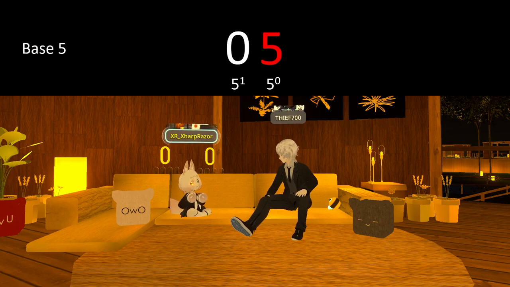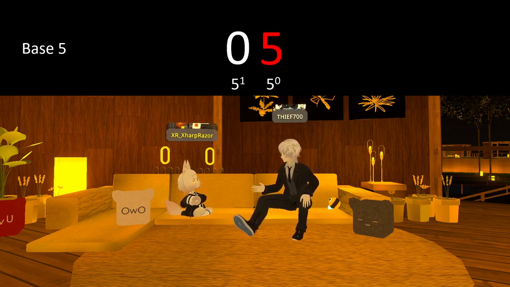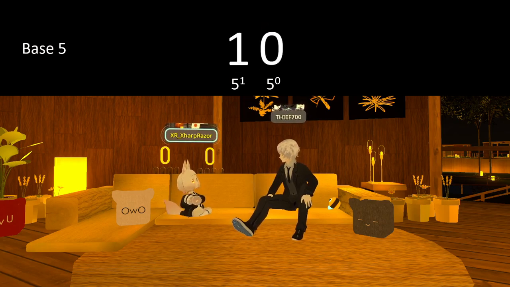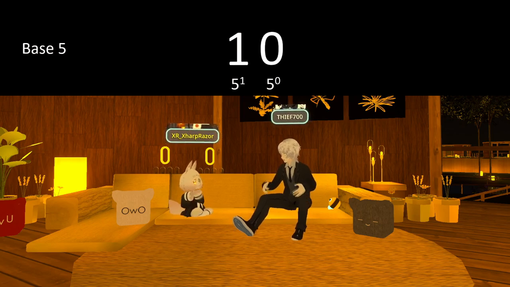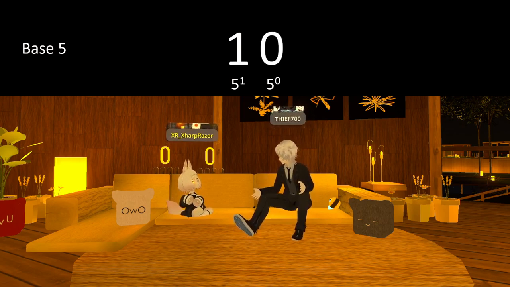But in base 5, we do not have the numeral 5. So in this case, you will need to introduce the tens place. So instead of 5, you will have 1, 0. Oh, okay. So it's 1, 2, 3, 4, 1, 0?